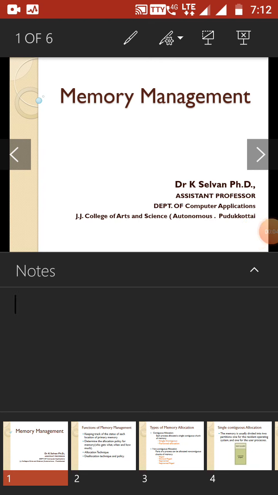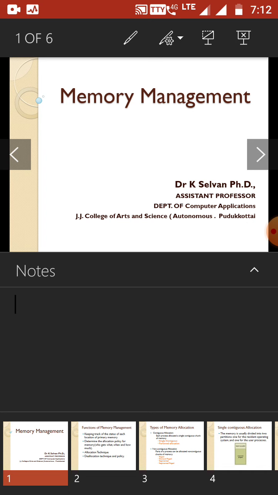In the previous class we discussed the introduction of memory management. You know very well that the basic computer resources are primary memory, that is random access memory, the second one storage space, that is hard disk space, and the third one the processor for execution.